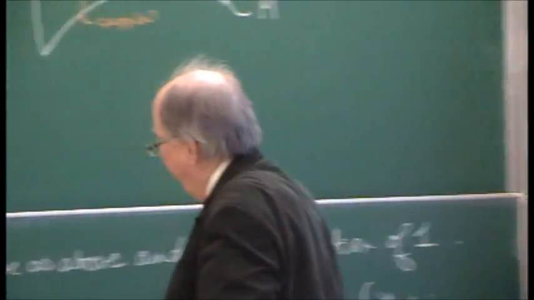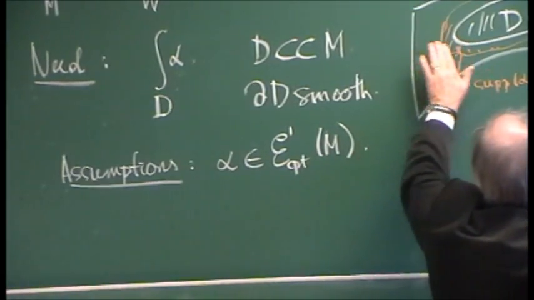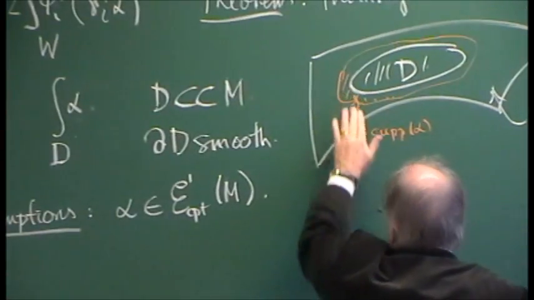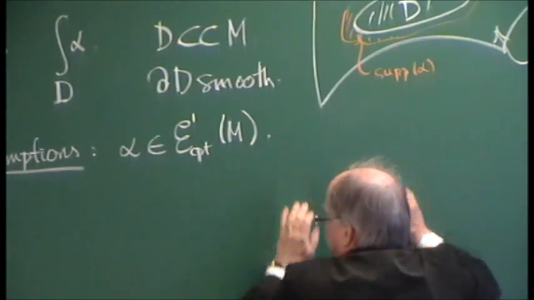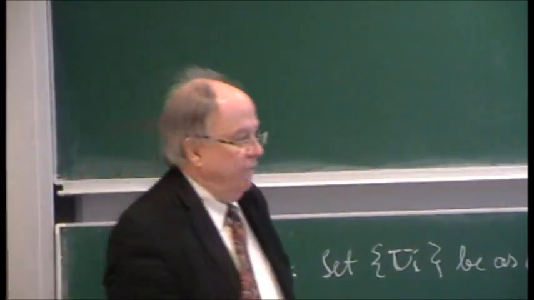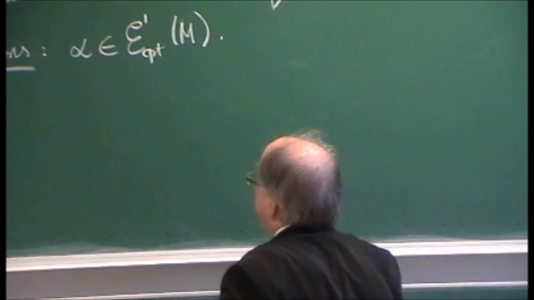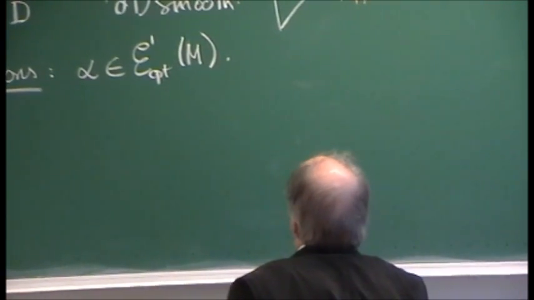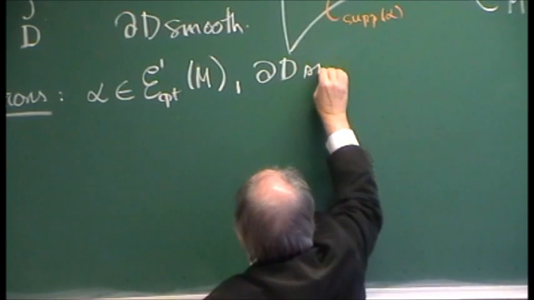I want to integrate a form that's defined a little bit further than D. I don't care where. It's just so that it's defined in a neighborhood of D. Right, and the boundary of D should be smooth.